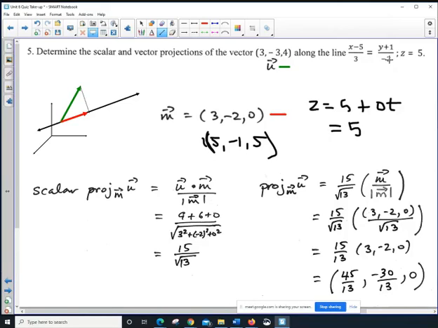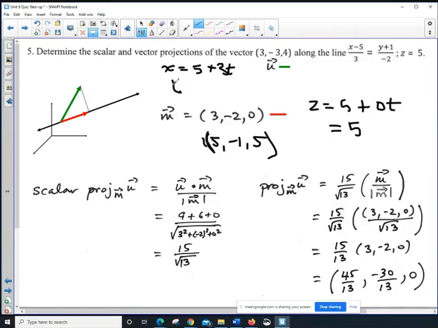So for example, let me use one where the value is not 0. Let's say I have x is equal to 5 plus 3t. Remember how we get... okay, I see what you're talking about.